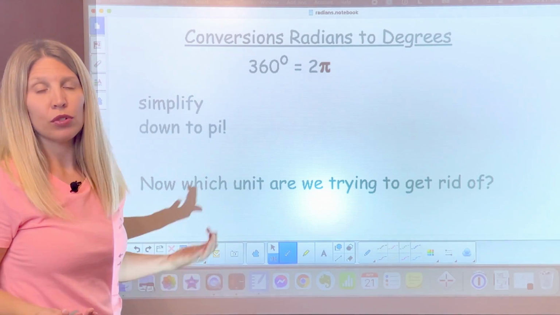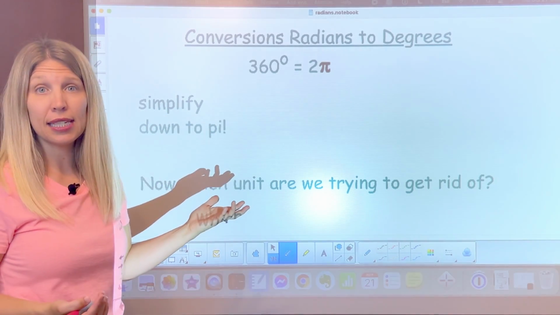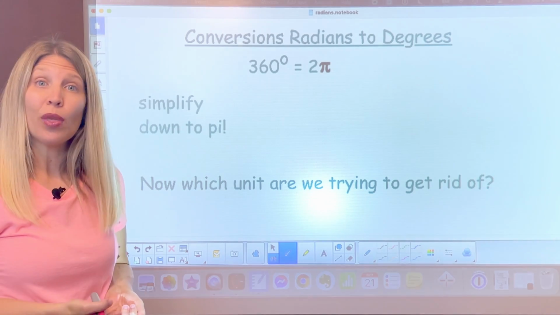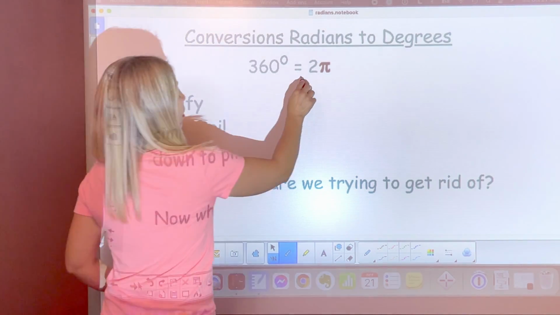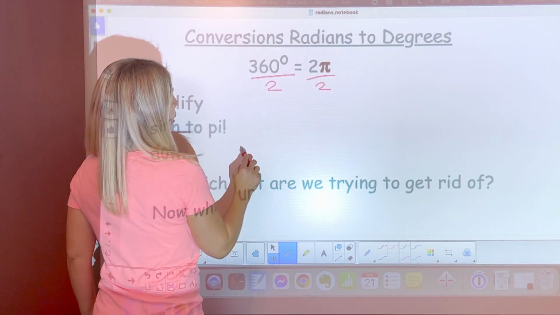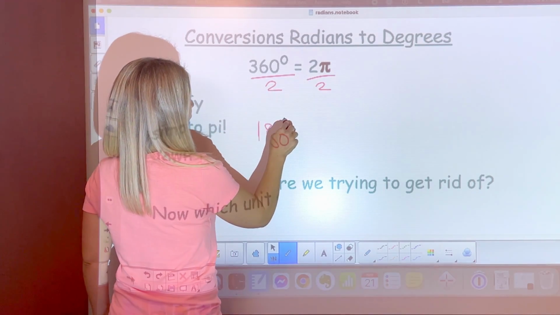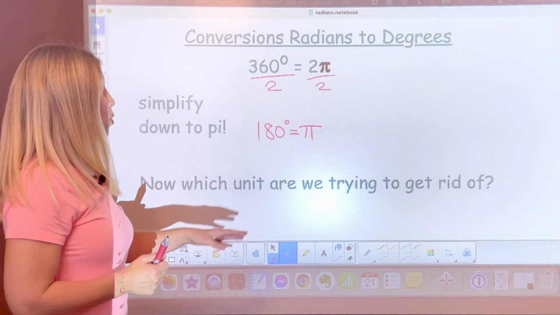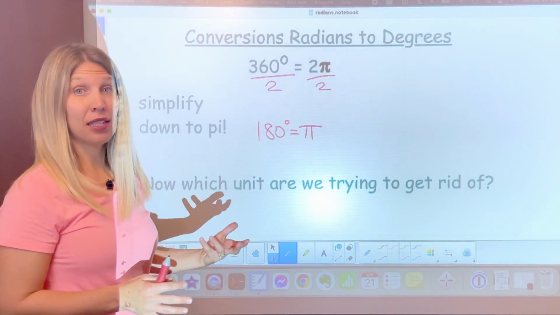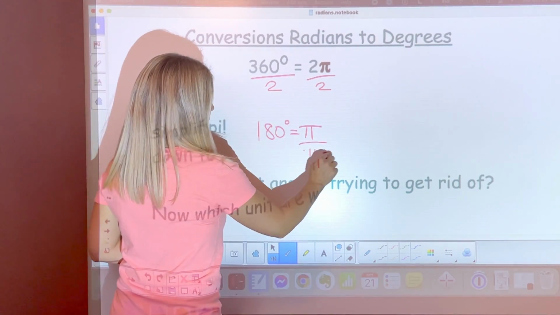Okay, now let's say you have radians and you have to get back to degrees. How are you going to figure that out? Again, we're going to start with 360 equals 2 pi because we know that from our unit circle. Now we're going to simplify down to pi, so I'm going to get rid of the 2. Now we have 180 degrees equals pi. I want to get my radians all by itself, so I need to divide both sides by pi.